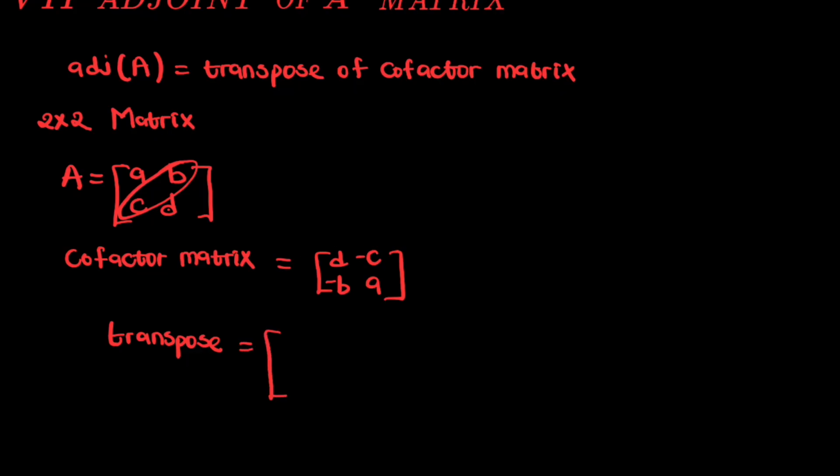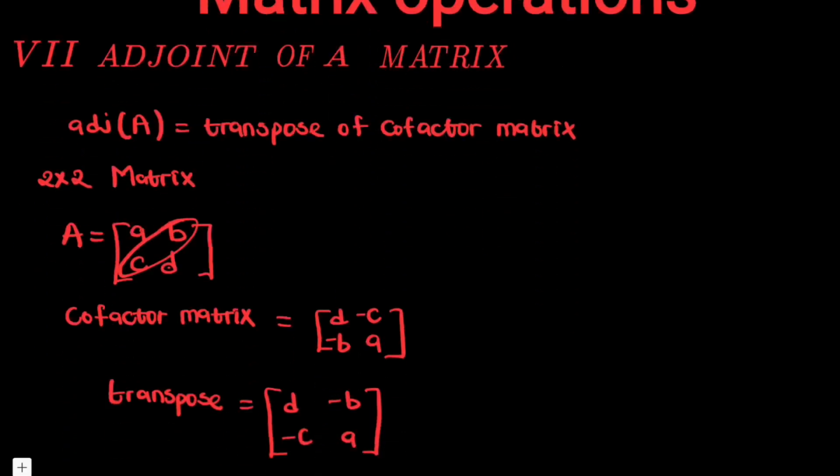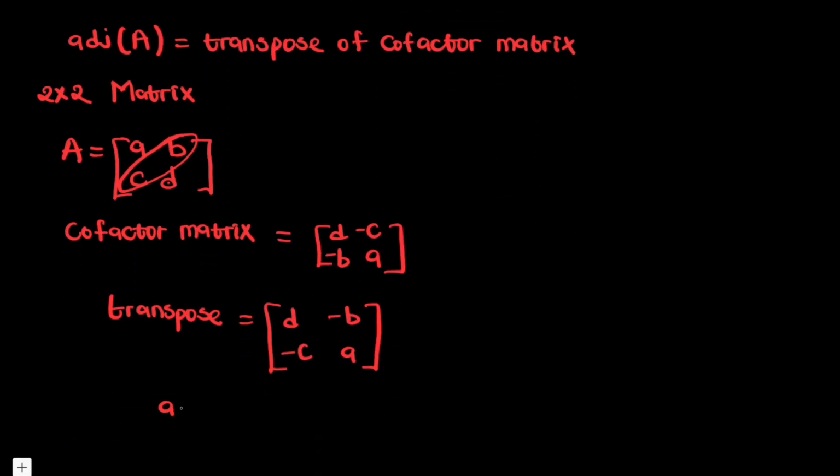So the first row becomes the first column, which is d, minus c, and the second row becomes the second column, which is minus b and a. So the adjoint of that matrix A will be d, minus b, minus c, a.